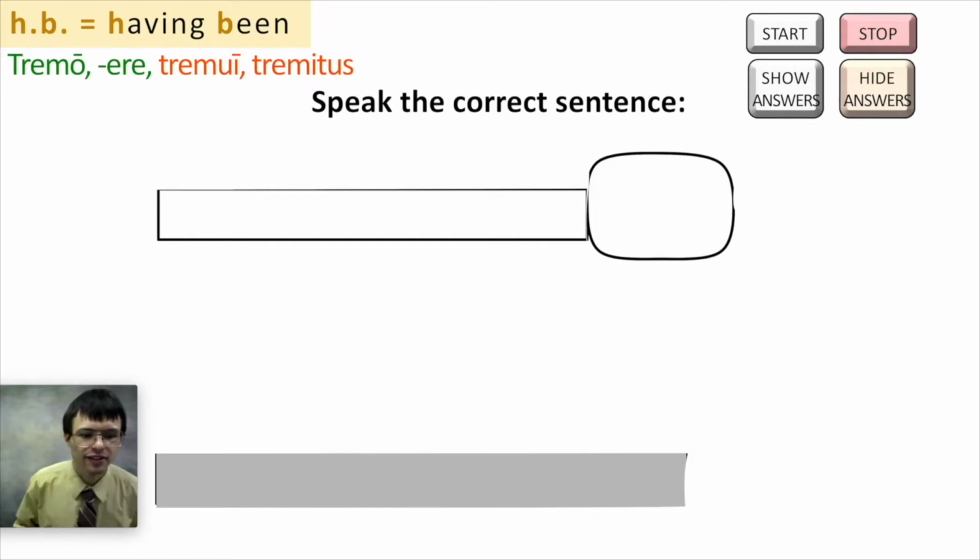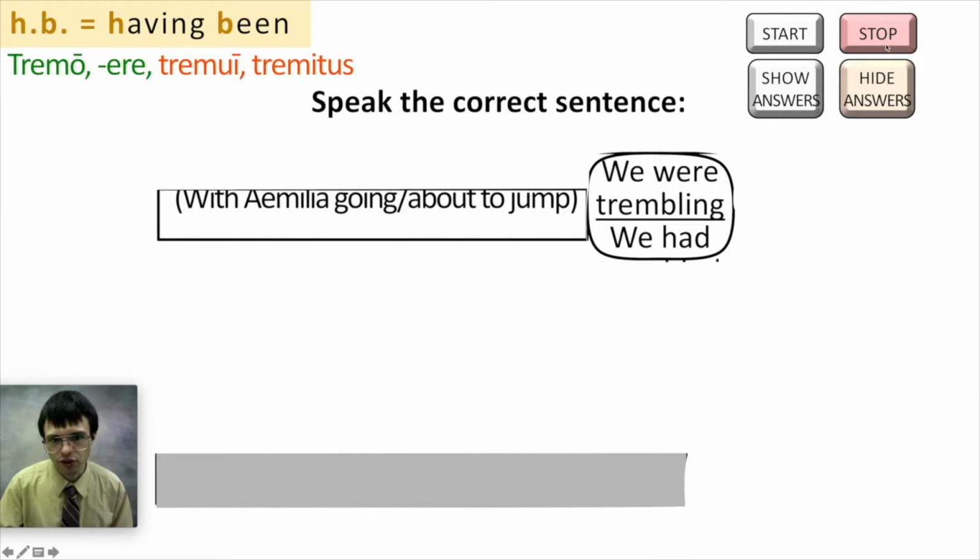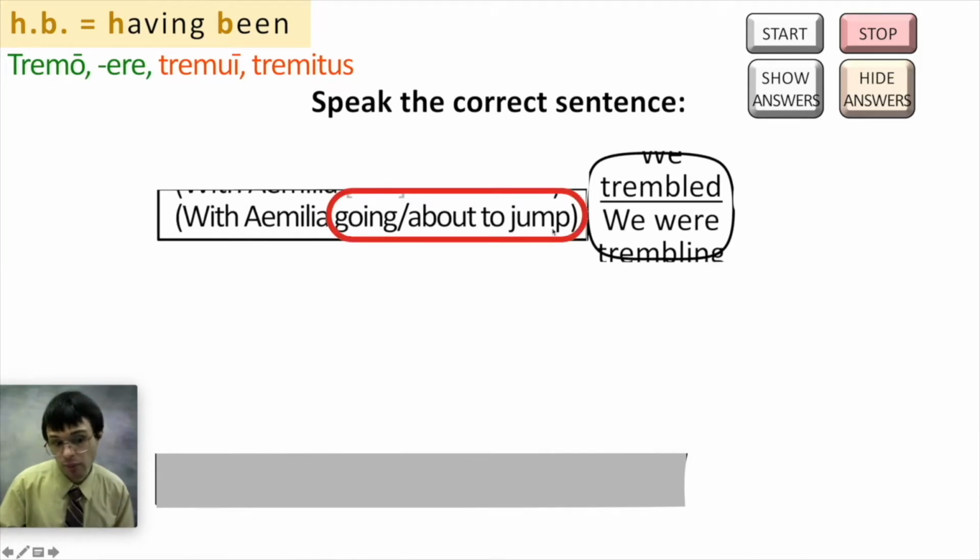Okay, so try these. These are pretty easy. This is just to get you in the use of recognizing which of the so far 4 participles you have got when you see the English. So if I see going or about to jump, which participle is that? Future. So try to make it a future. Sal what? Saltura, right?